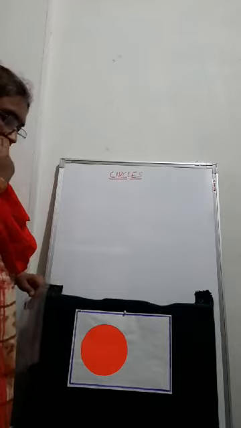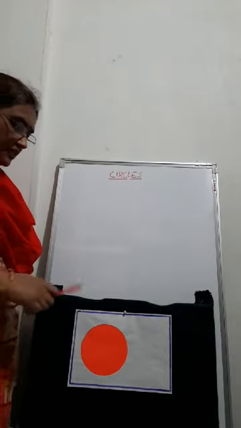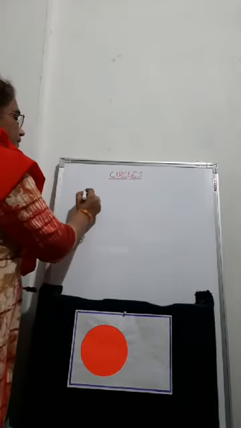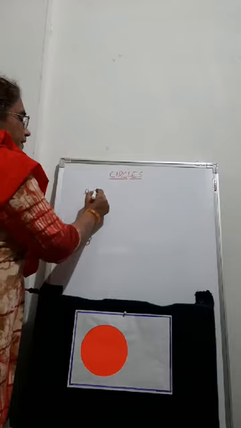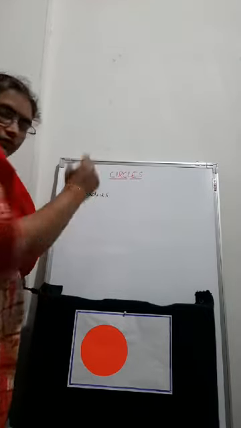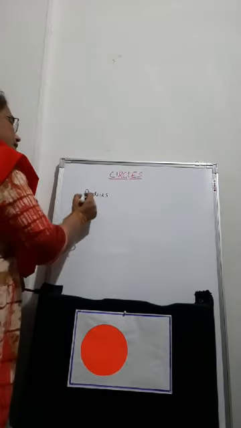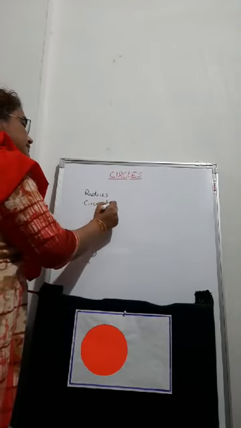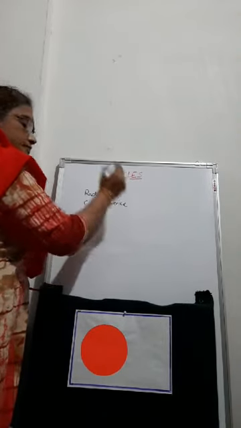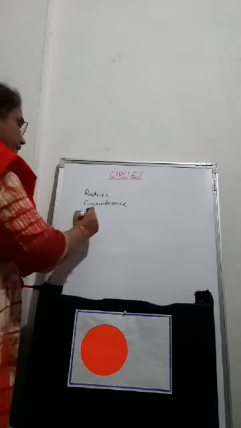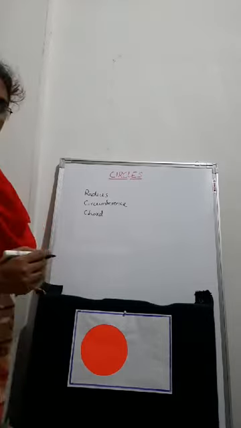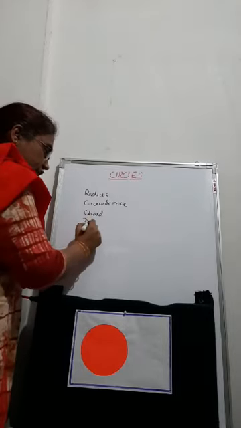Now, you know in the 9th standard about the radius of the circle, circumference of the circle. Now, next, chord of the circle, diameter of the circle.